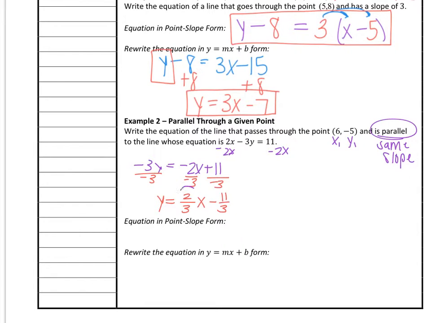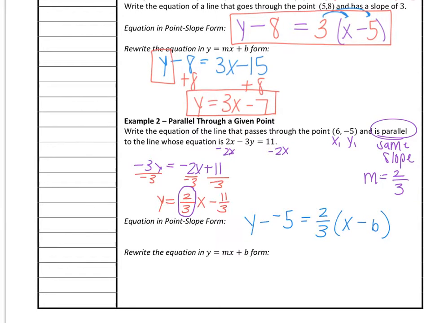Remember, we care about the slope here, so our slope m is 2/3 because we need it to be parallel. Now we're going to plug into y minus y1 equals m times x minus x1. So we have y minus our y1 value, y minus negative 5, equals slope 2/3 times x minus x1, or 6.